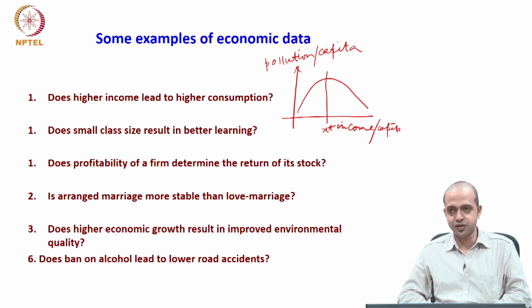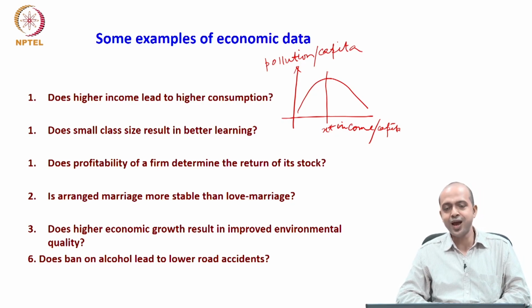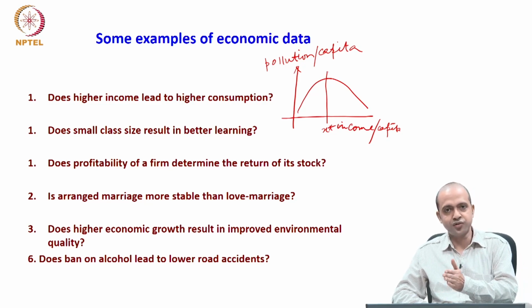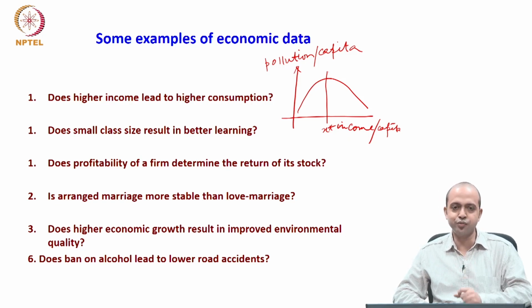If you drive fast, then there is a higher probability of making mistakes, that means a higher probability of committing accidents as well, right. So, that means both banning alcohol is an economic decision making, the data is coming from the economic decision making taken by the government, and how the drivers will drive their vehicle on the road, that is also an economic decision making from the driver's point of view.